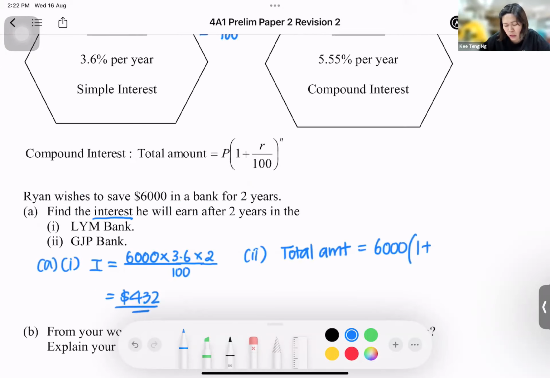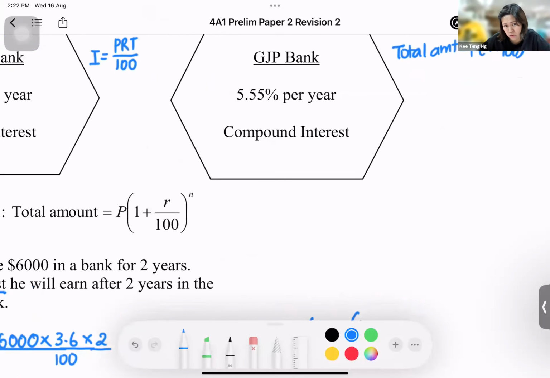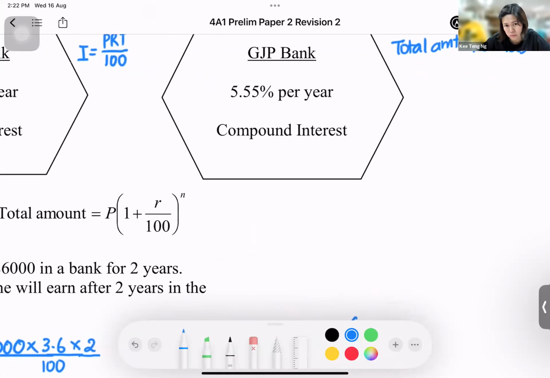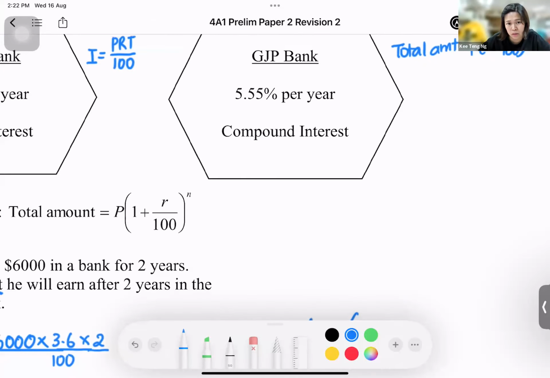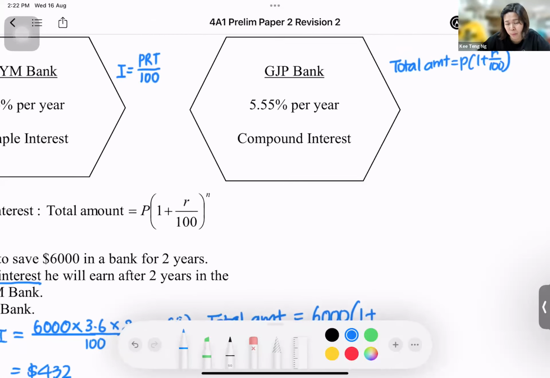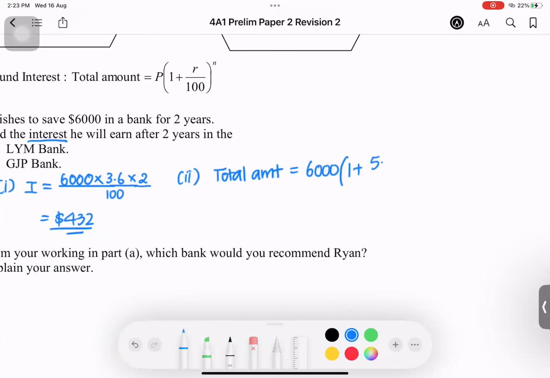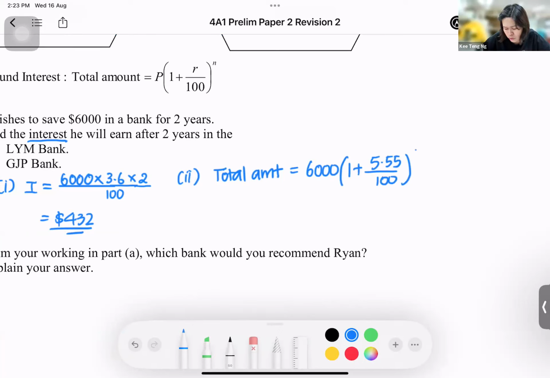What is the interest rate here? 5.55%, right? Correct. To the power of 2 years. So we calculate this, but this is not the interest, this is the total amount. So what do I need to do?